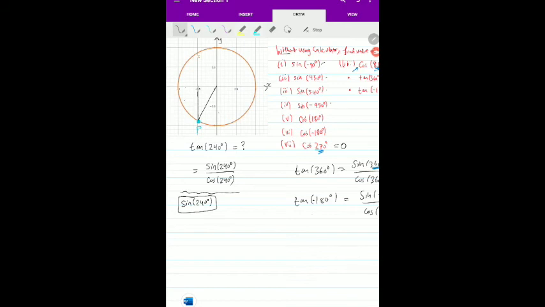The hypotenuse is always 1 because this is a unit circle. The right angle is over here. And now, to go from here to here, it's a 240 degree turn, and so this right here must be 60 degrees. Alright, so I want to know what the y-coordinate of P is.